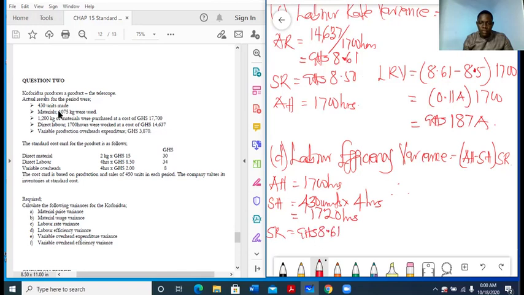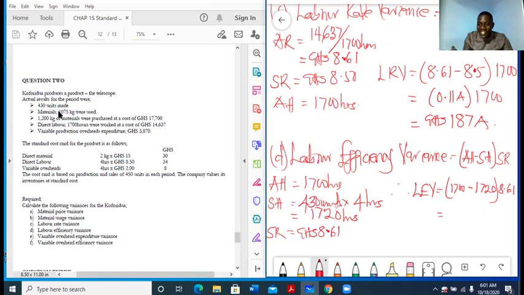8.61. Our labor efficiency variance will be equal to AH, which is 1,700 minus 1,720 measured at 8.61. Okay, good. So we should have used 1,720, and we used 1,700, meaning that we have been efficient in the usage of labor.